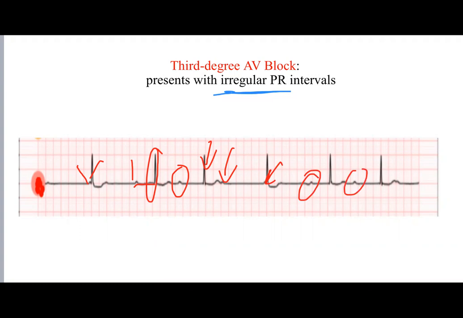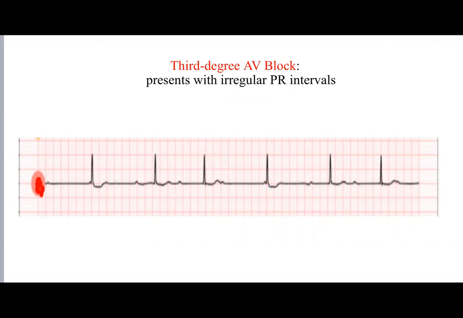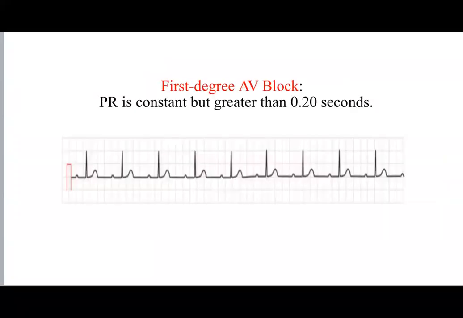So as you can see, in a third degree AV block, the PR is going to vary a lot, right? It's going to be different every time, different from the other two, right? So let's go ahead and revisit these one more time.